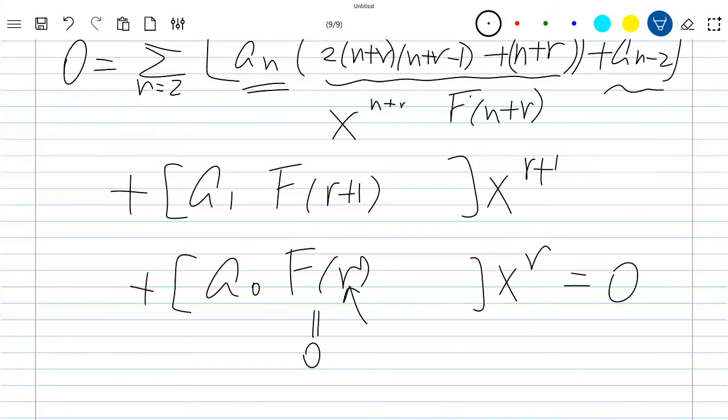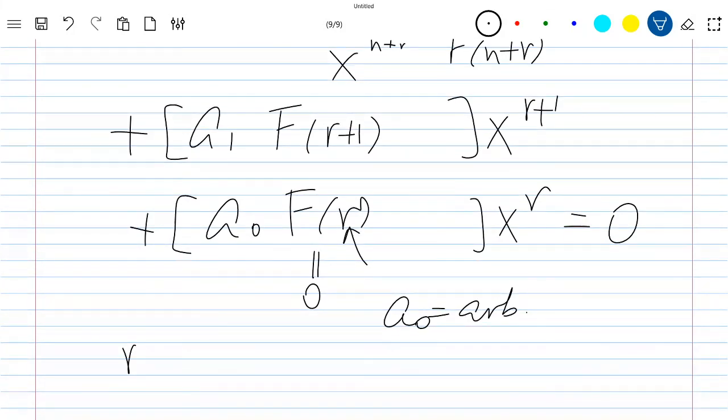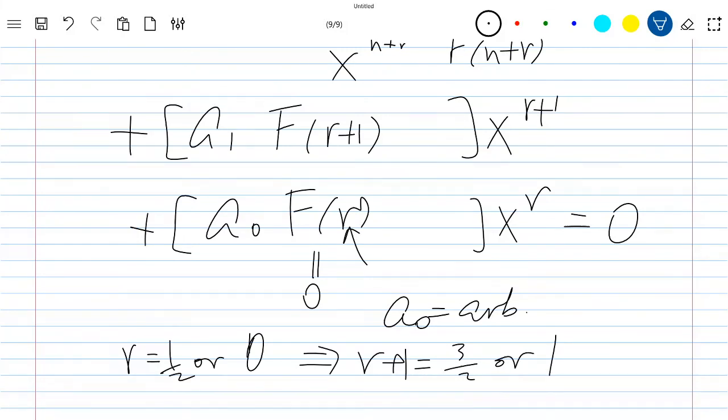Because r is a root of f, so you have a0 is arbitrary, and because r equals 1/2 or 0 implies r plus 1 equals 3/2 or 1, and neither is a root of f, so that's not 0.